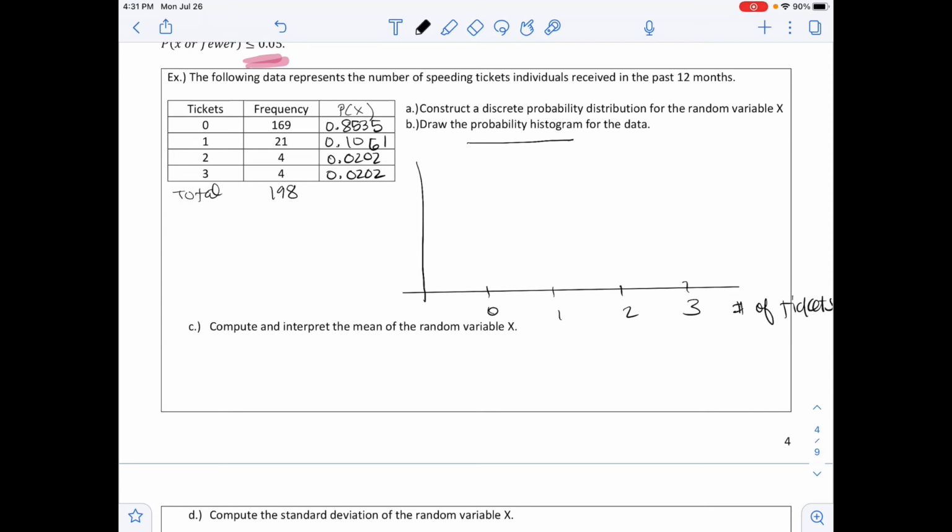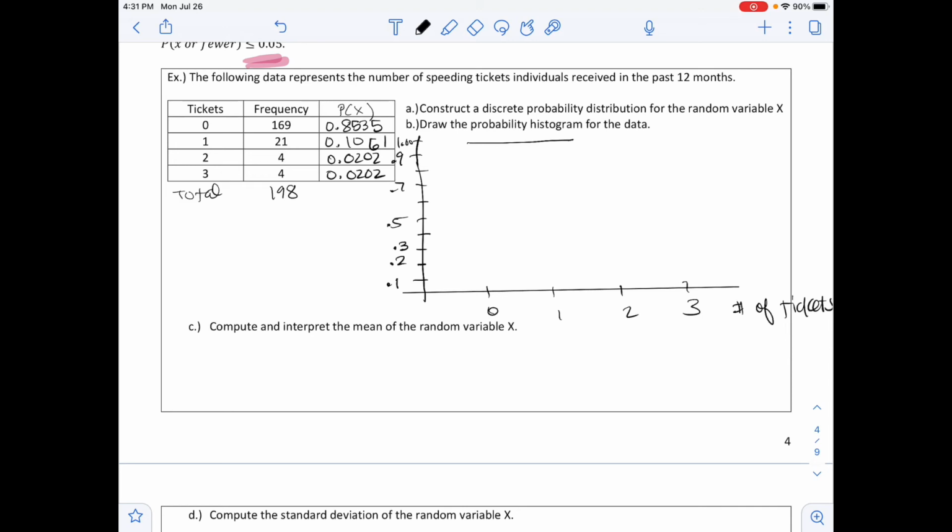And then our probabilities do vary quite a bit in values. They go from being super small, from 0.0202 to 0.8535. So I'm going to go ahead and count by 0.1. So 0.3, 0.4, 0.5, 0.6, 0.7, 0.8, 0.9, and then 1.00.